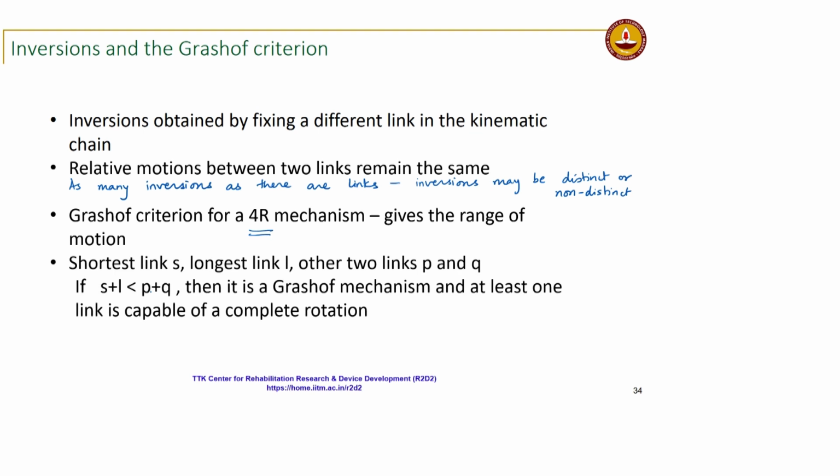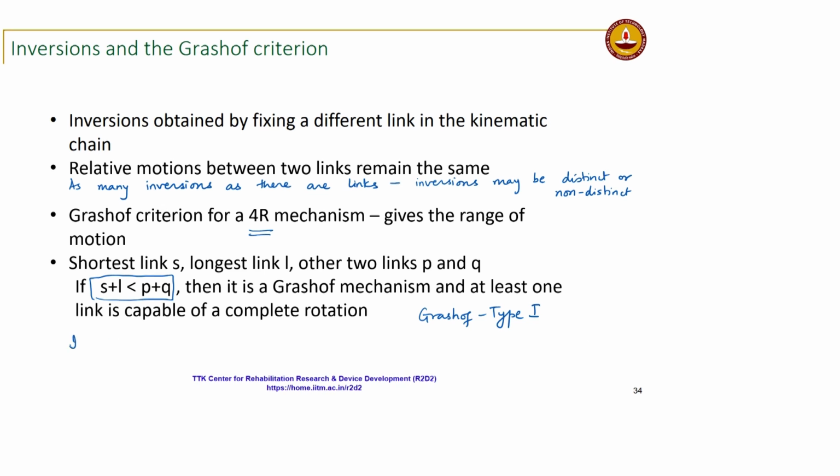So, if you have the 4 links and you classify them as the shortest link, longest link, and the other 2 links you call them P and Q, then if S plus L is less than P plus Q, then it is called a Grashof mechanism, or some literature refers to it as Grashof type 1. If it satisfies the Grashof criterion, it is Grashof type 1, and then at least one link. So, it tells you that at least one link is capable of a complete rotation.